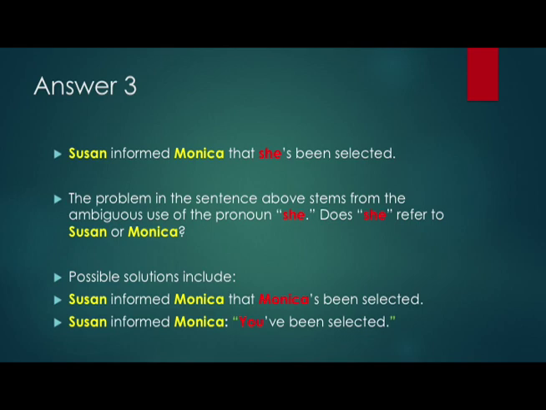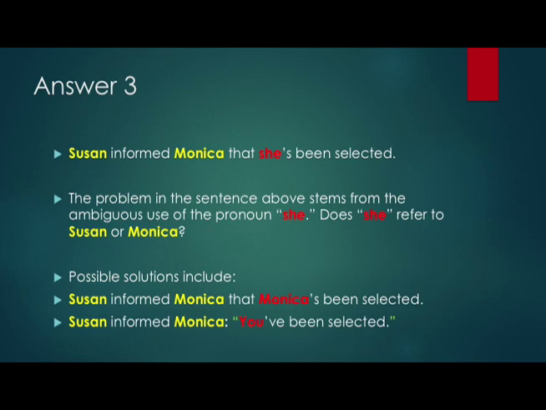So if you don't think that's an elegant enough solution because it seems repetitive, repeating Monica's name immediately, the alternative here would be to use direct speech. Susan informed Monica, colon, quote, you have been selected, unquote.